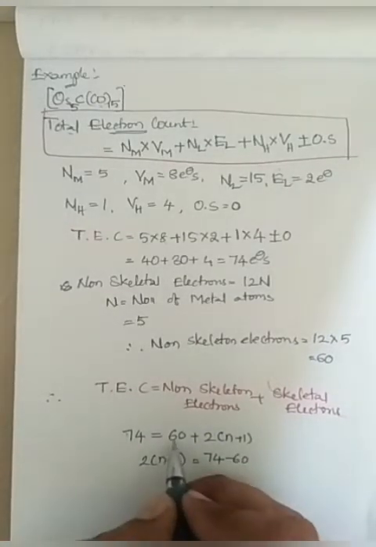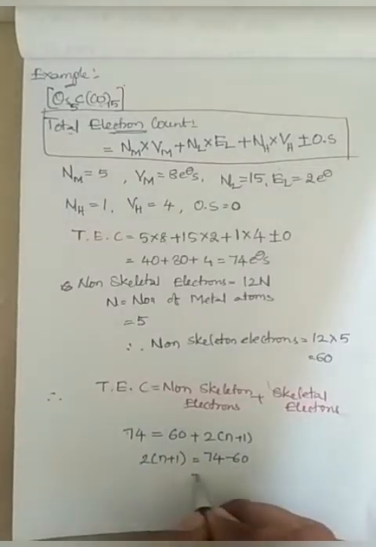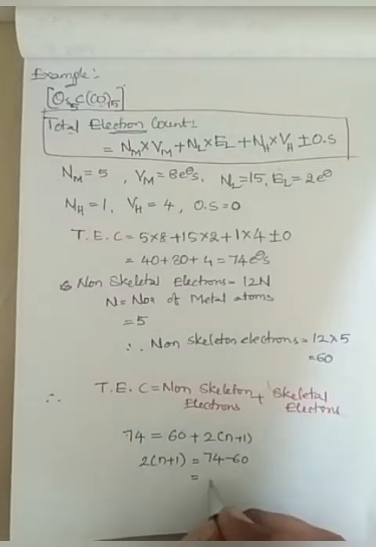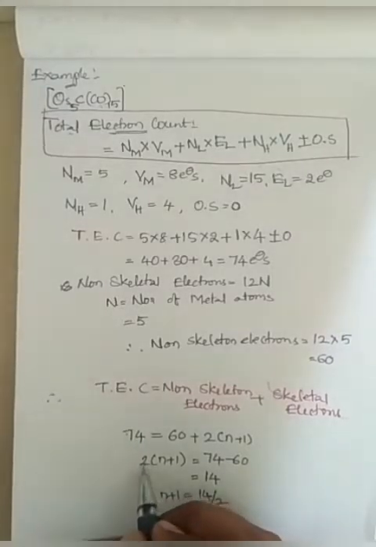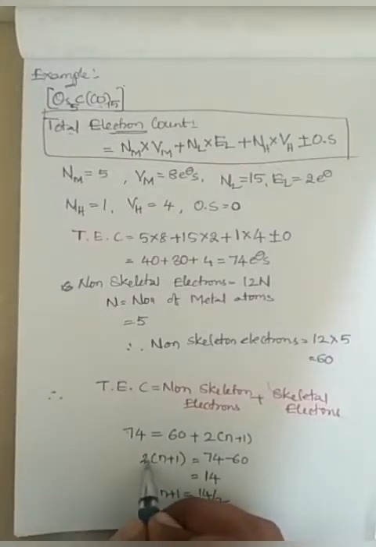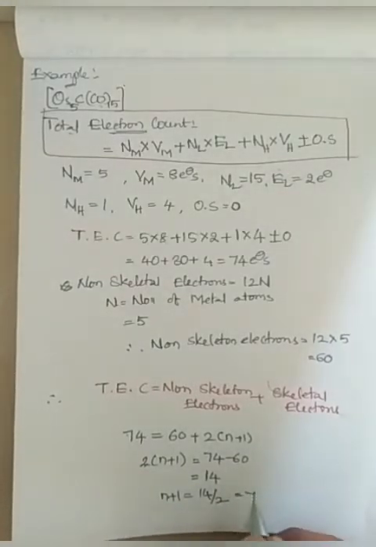The addition of 60, when we go to the other side of the equation, will become subtraction. It subtracts from 74. It is equal to 14. So now n plus 1 is equal to 14 by 2. The multiplication by 2, when it goes from left to right, will be division. 14 will be divided by 2, that is equal to 7.